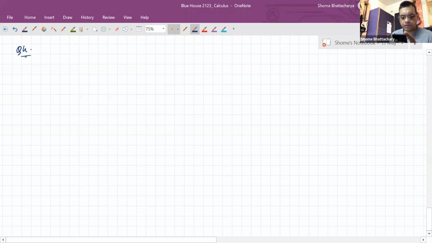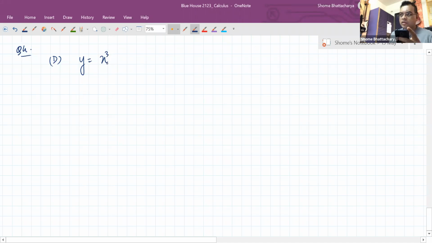Question 4, there are some tricky parts. Let's work them out. So before I come to the E part, let's look at, for example, the D part. This is a type of thing that looks very complicated, but we have to basically just simplify it, and then it becomes easier.